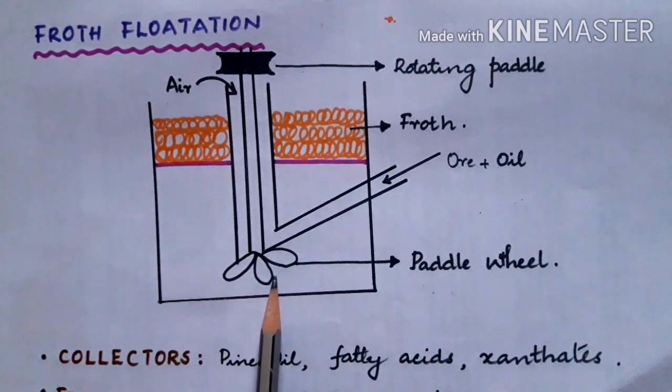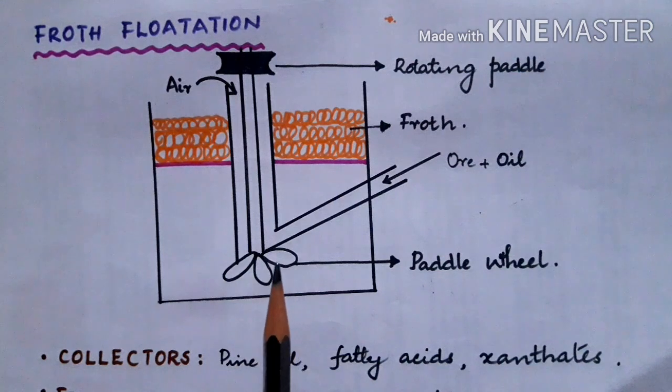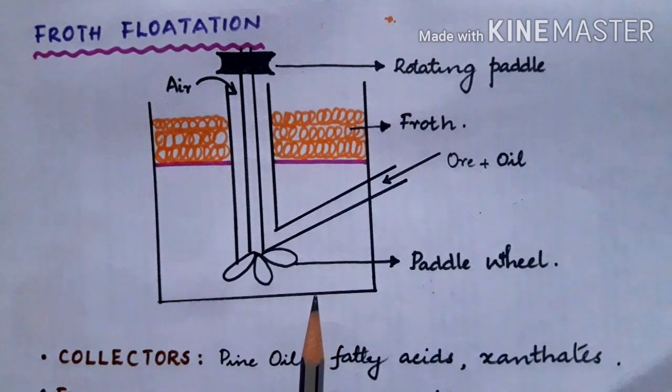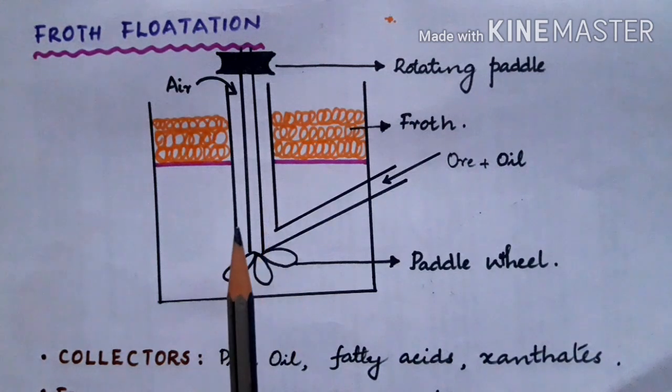Once it is agitated with the help of a paddle wheel, it forms a lot of froth. When froth is formed, the ore particles get stuck on the surface of the pine oil particles. This occurs because there is preferential adsorption of ore particles over the oil particles, whereas gangue is wetted by water. So all the ore particles can be skimmed out.